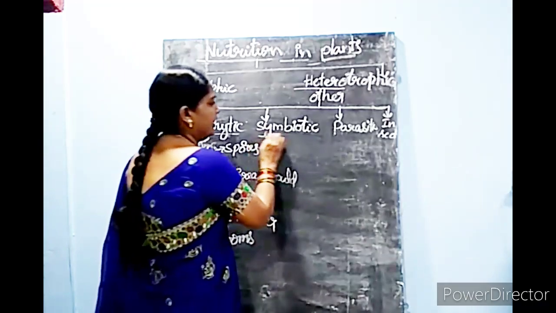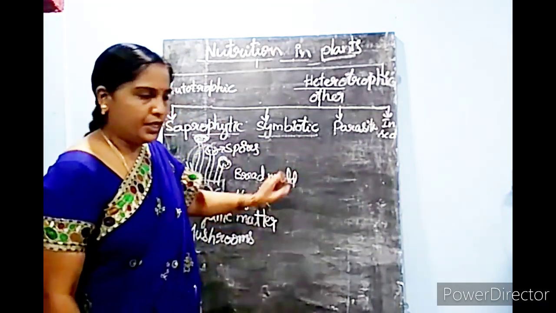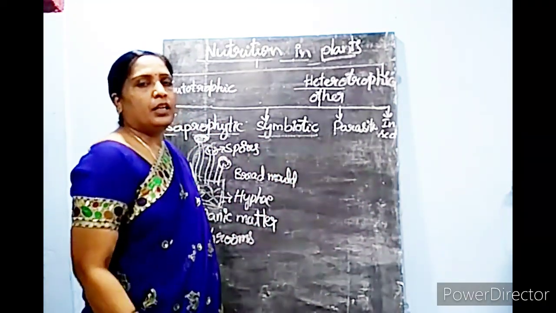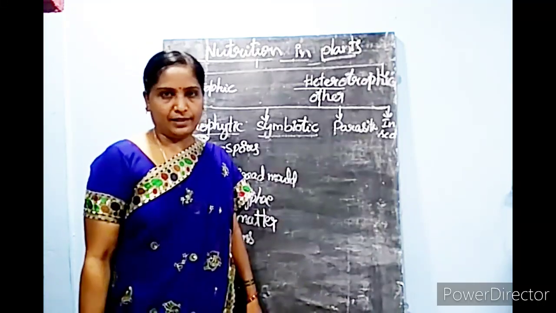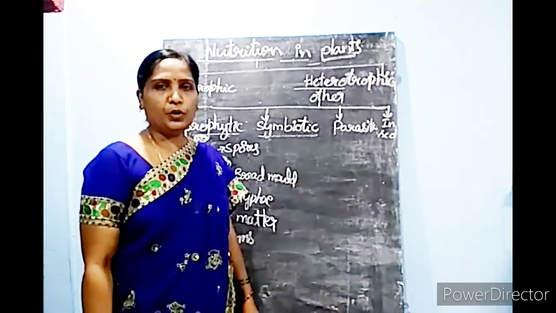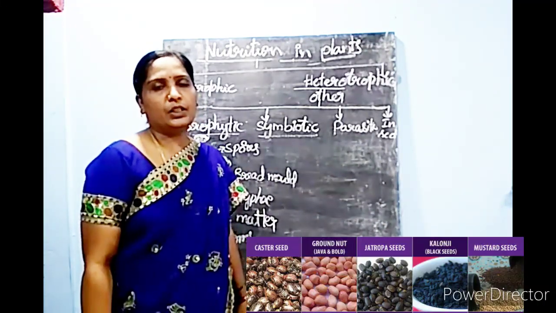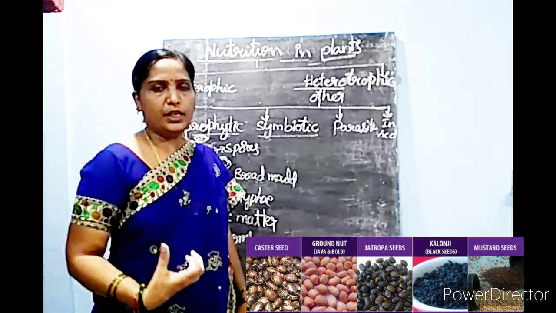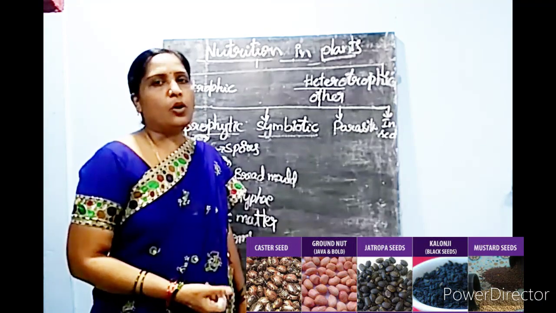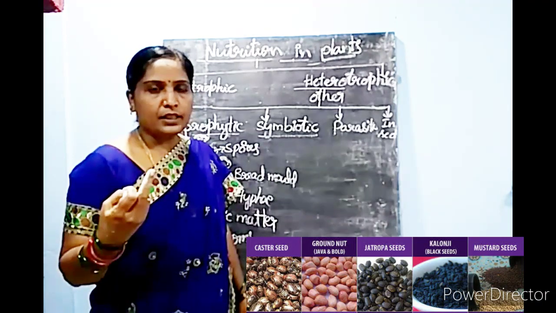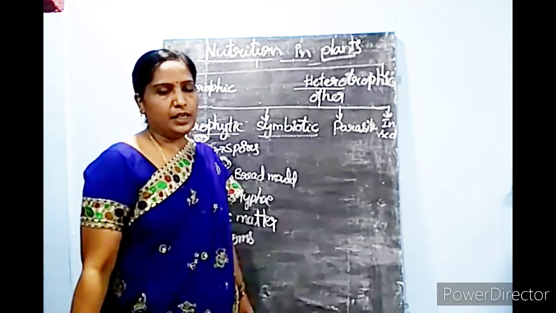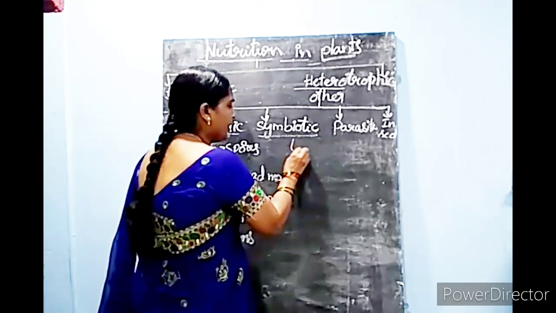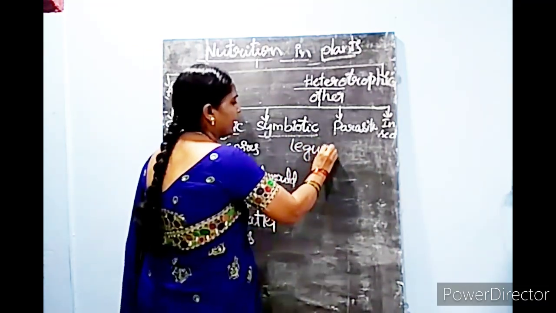And now if we see symbiotic nutrition, you all know the pulses. About pulses you learnt. We get proteins from pulses. You learnt all this in your lower classes. All these pulses are kept in one family known as the leguminous family.